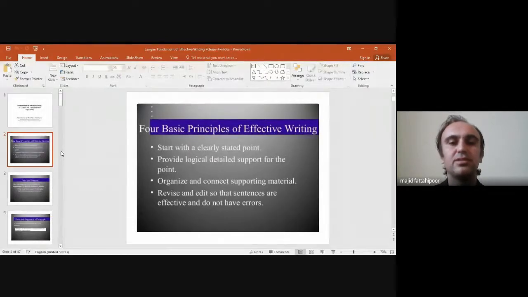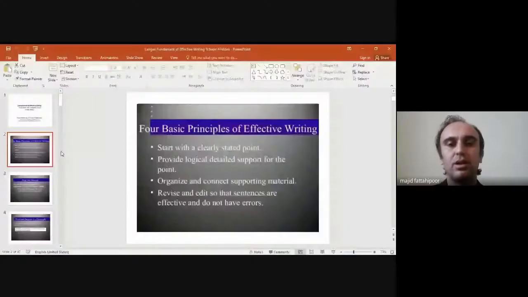But these terms are sometimes used interchangeably. So this revision and editing makes sentences effective, okay, and makes them free of errors. So we may have errors.